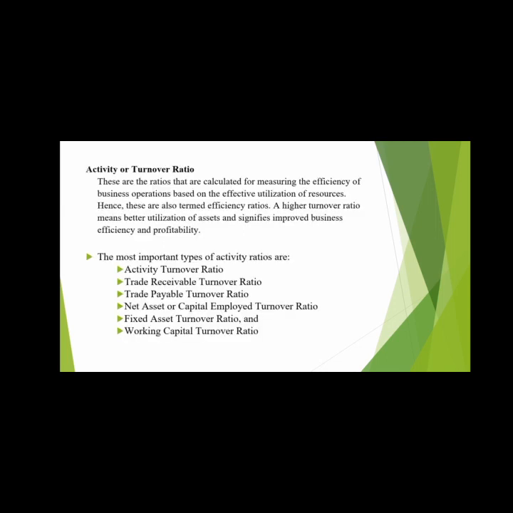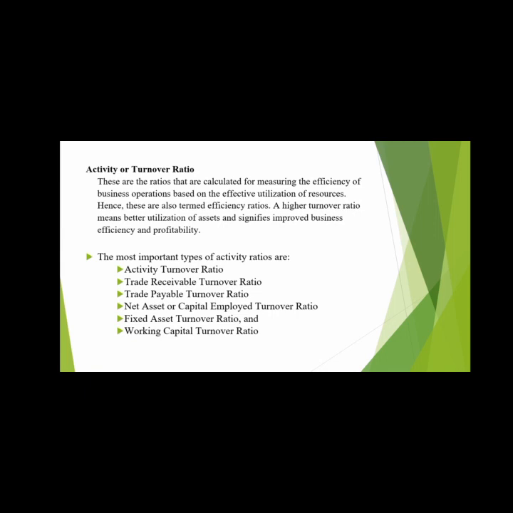And the third one is activity or turnover ratio. These are the ratios that are calculated for measuring the efficiency of business operations based on the effective utilization of resources. Hence, these are also termed as efficiency ratios. The higher turnover ratio means better utilization of assets and signifies improved business efficiency and profitability.